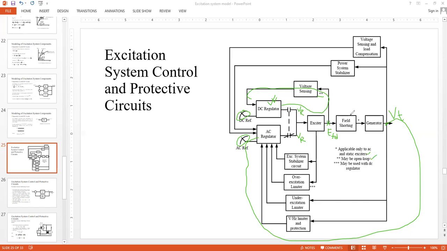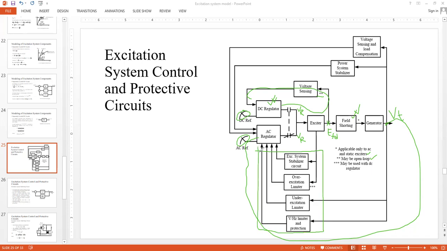First one, I said the field shorting circuit. It is needed just to discharge the energy in case you are shutting down your generator. Whatever energy is stored in the field, you have to discharge it. So in those cases, the field shorting is required. Well, then what is left? Okay, these limiters are left.